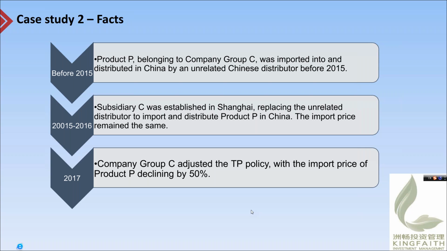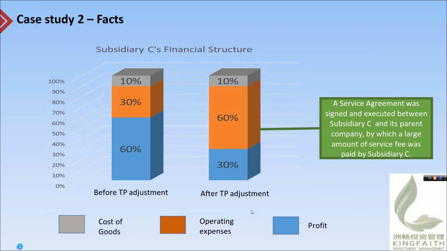If you look at subsidiary C's financial structure, before TP adjustment, sorry, I guess there's some mistake in the slides.